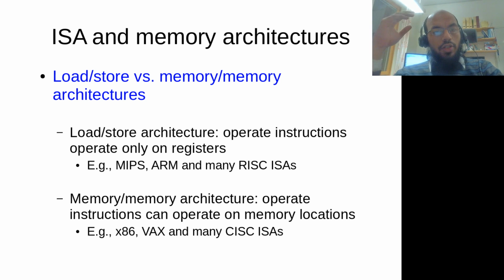Load store architectures have the notion that you cannot operate on memory directly, but you operate only on registers. ARM processors are like that, which means that your Raspberry Pis operate that way. So every time you need to do an operation, you cannot do it on memory right away, but you need to load it to a register, and then from the register you start doing the operation.